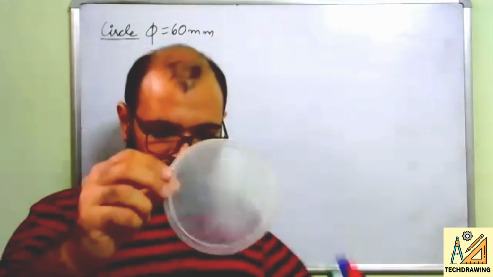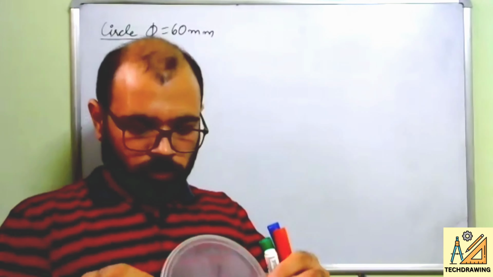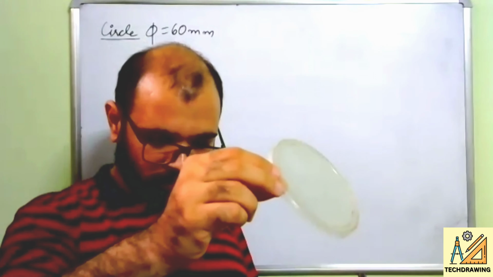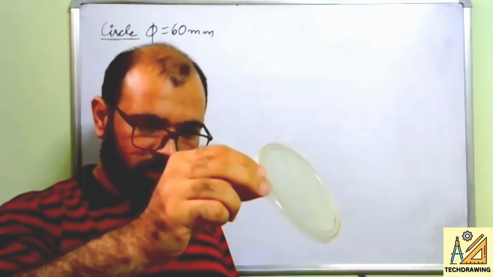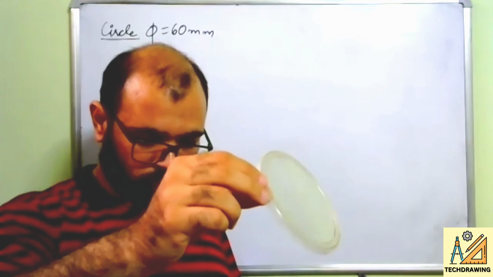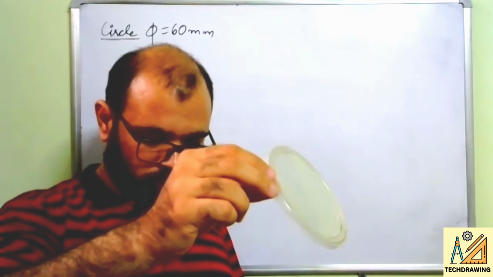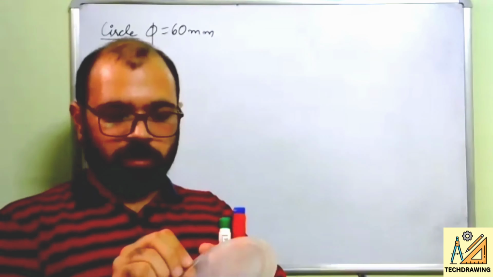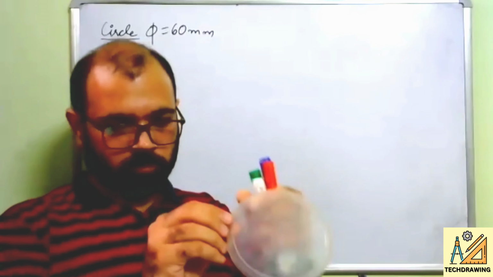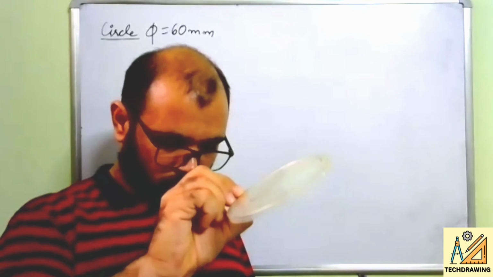Just see, let us say this is a circle. If you are viewing it like this, it will be an ellipse that is visible to you. It will be like this. If you regard it as front view or side view, let us say if it is like this, it will be visible like this.